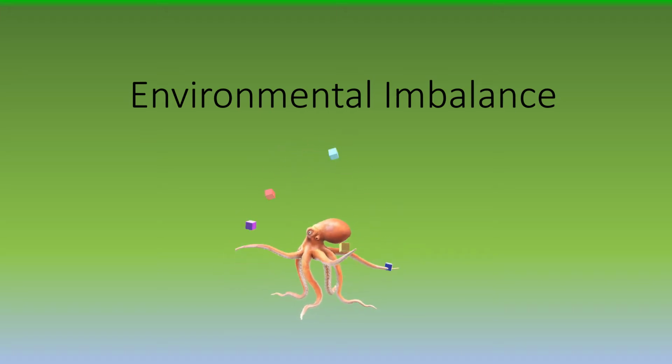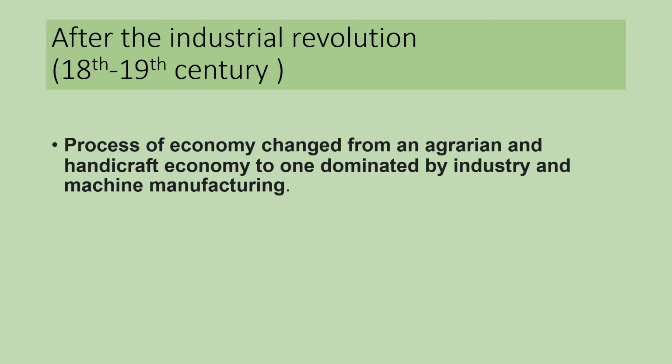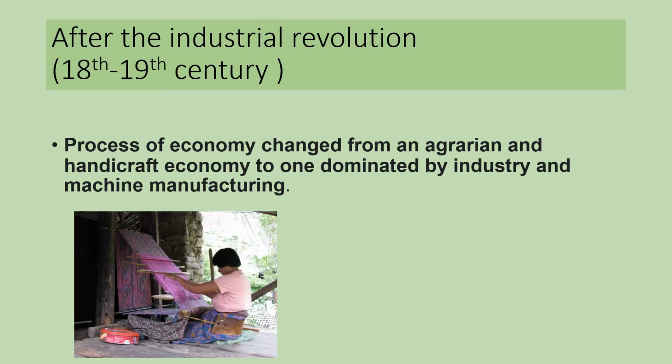The topic is environmental imbalance. After the Industrial Revolution, the process of economy changed from an agrarian and handicraft economy to one dominated by industries.